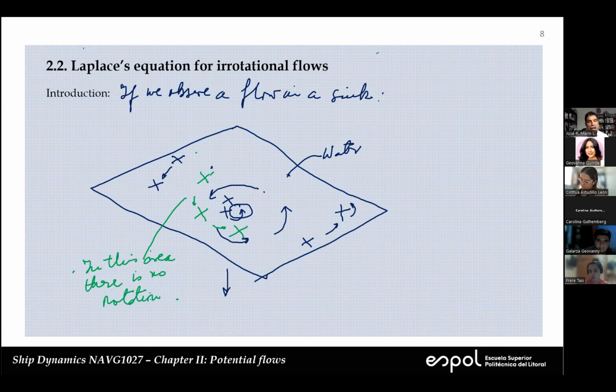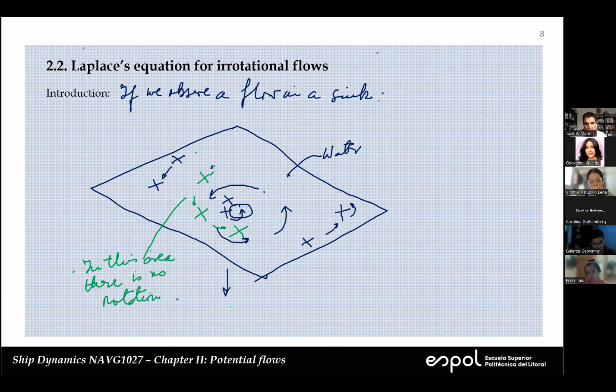After this observation, some researchers concluded that if we consider that we are in this area where no rotation is being produced, that means in this area the shear effects because of the viscosity are negligible.